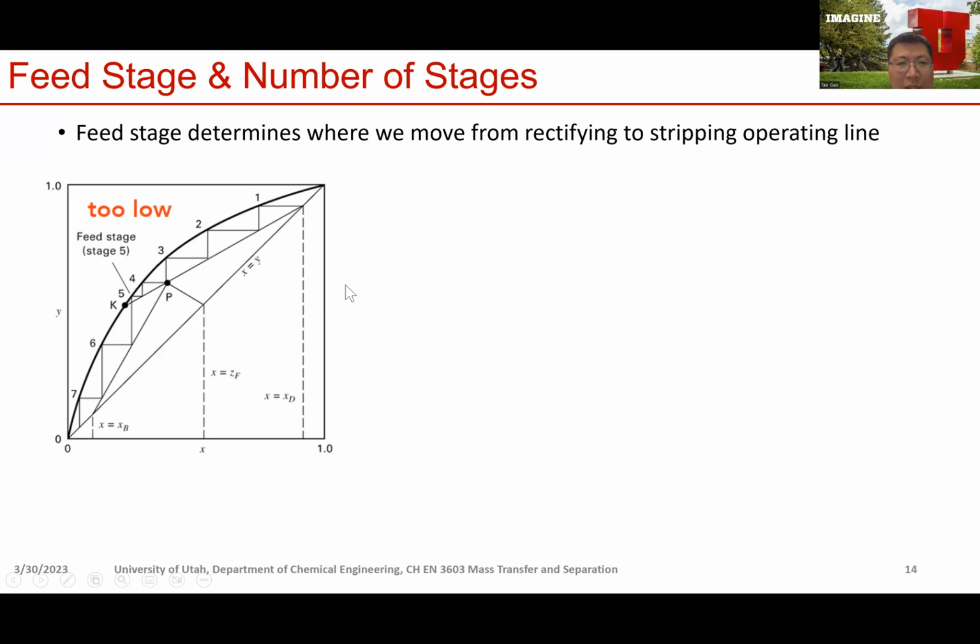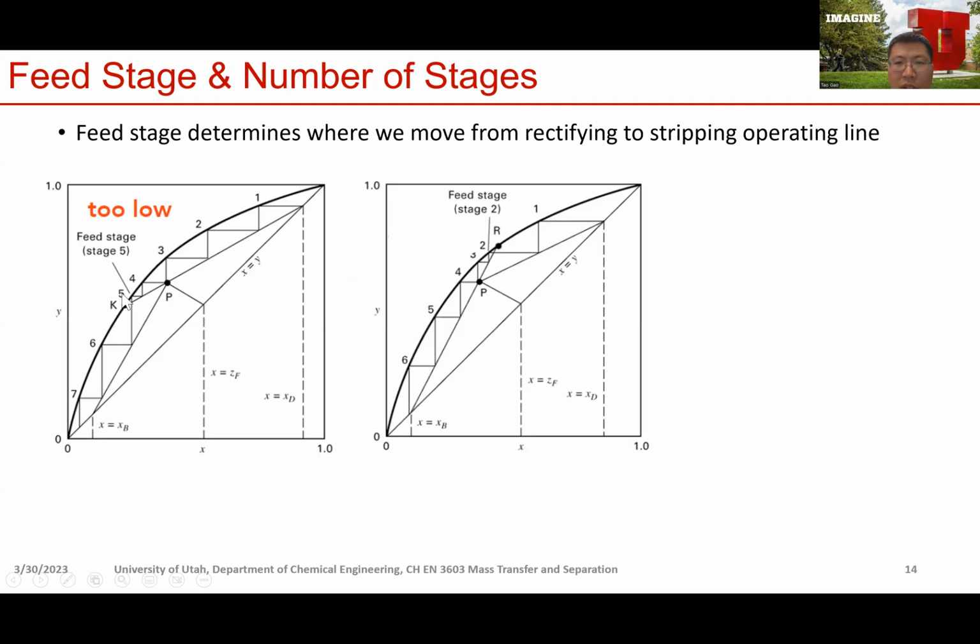So in this case, the feed stage is too low. Now let's look at another case. If we place the feed stage at stage 2, then after we step off stage 2, we're going to enter the stripping operating line.